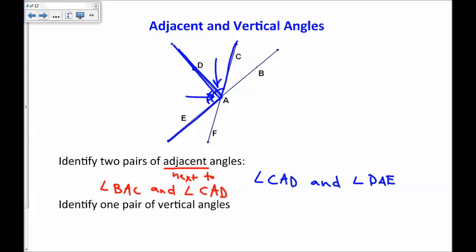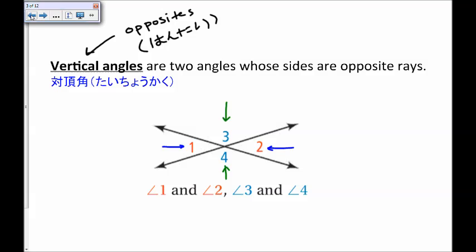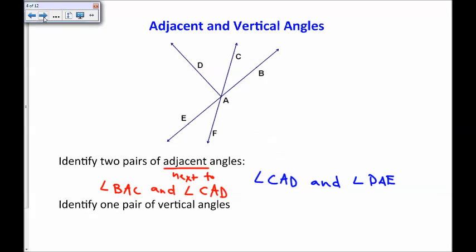Next, identify 1 pair of vertical angles. Now, we said that vertical angles are opposites, but they have to be straight lines.